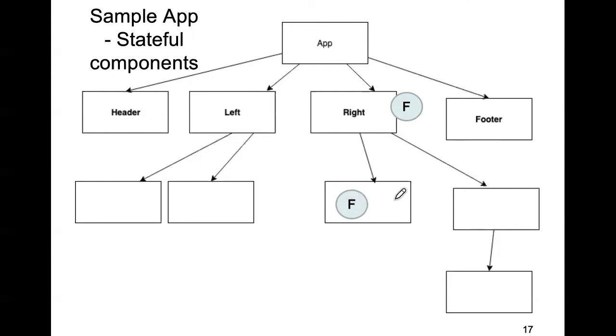So clearly this component needs to know about the current value of the filtering input because it just displays it. This component here as well also needs to know it because it uses the current value of the various filtering inputs to decide on the list of movies that should be displayed. So it uses it to compute what's going on here. So these 2 components need to know the current value of the filtering input.